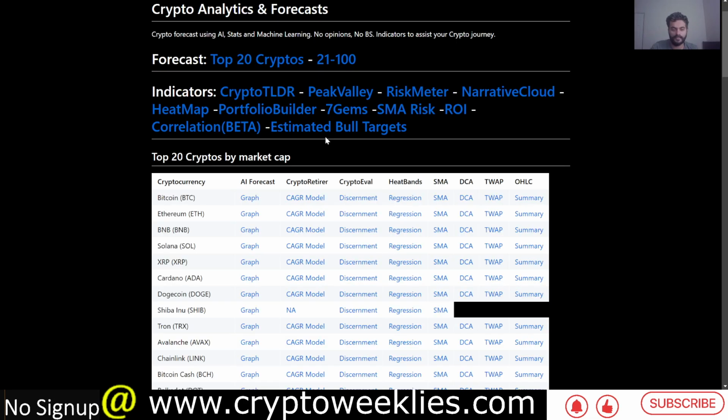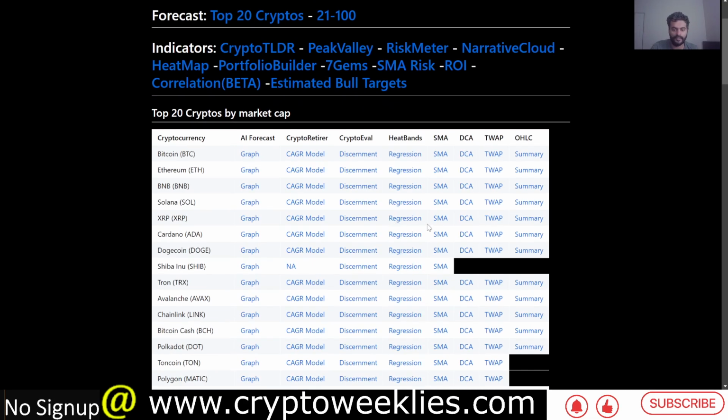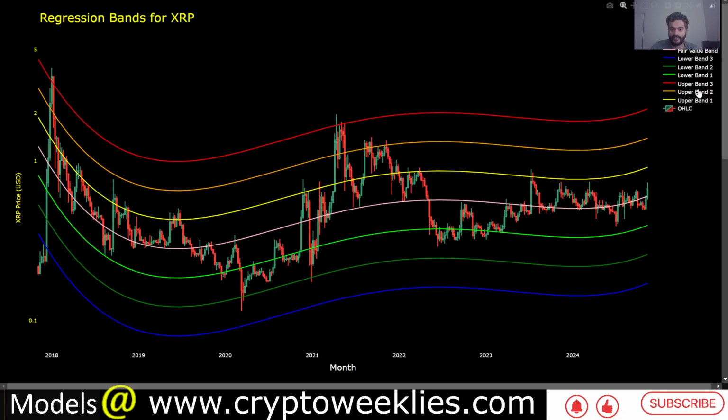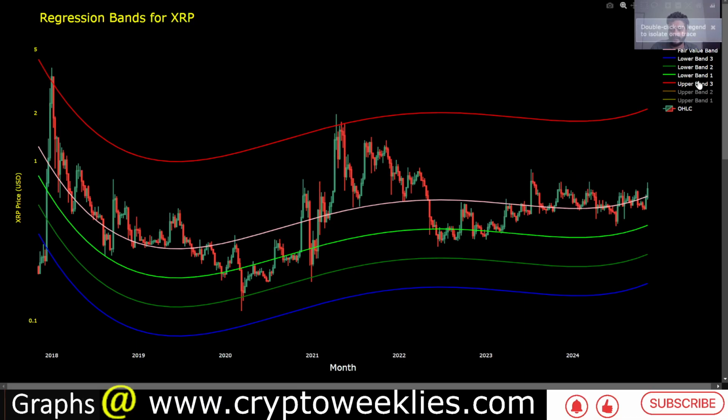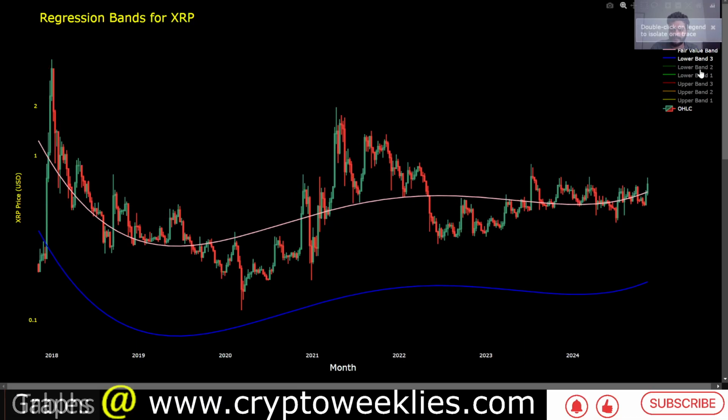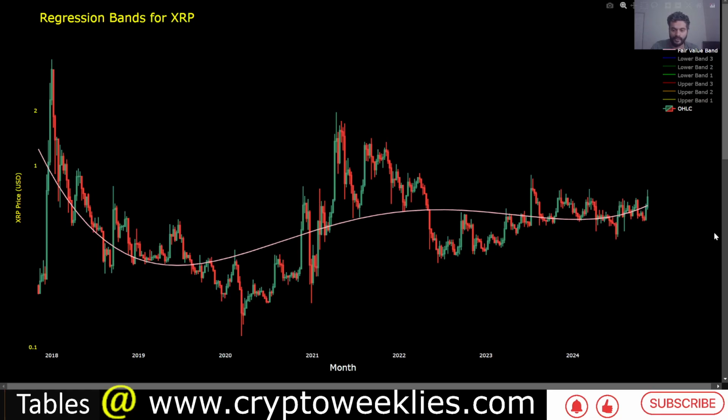And now we'll spend some time analyzing the polynomial regression based analysis for XRP. This will get rid of the other bands. We'll just analyze the fair value in terms of this pink line, which tries to cut the price action of XRP fairly into the bullish and bearish phases by having a non-linear relationship with price and time.